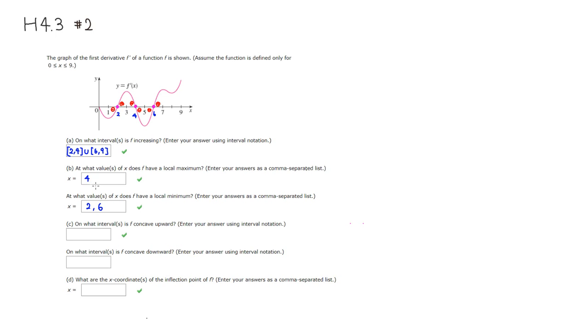All right, part C. On what intervals is f concave upward? In order to have a concave upward picture, the derivative has to be increasing, because a positive second derivative means the first derivative is increasing. You can see that the graph is increasing here from 1 to 3, and also 5 to 7, and then 8 to 9.